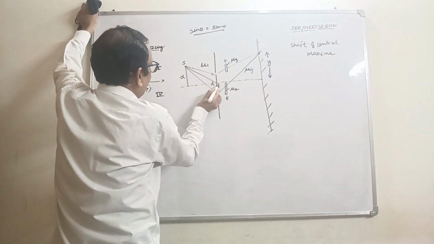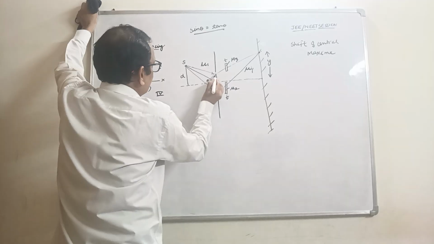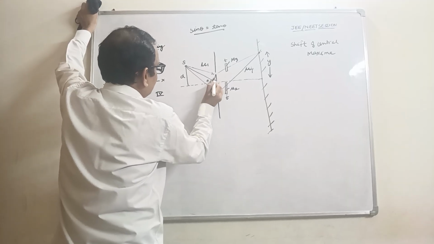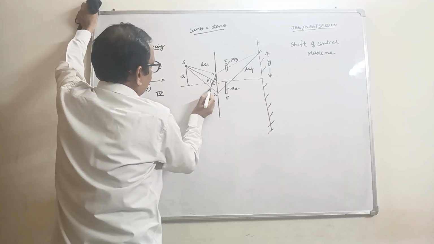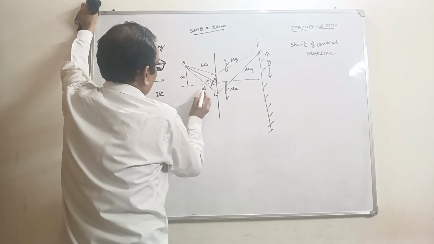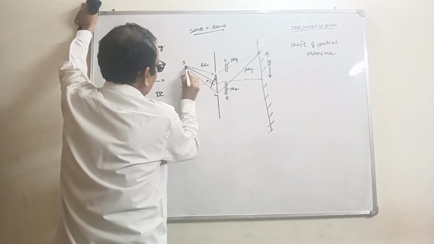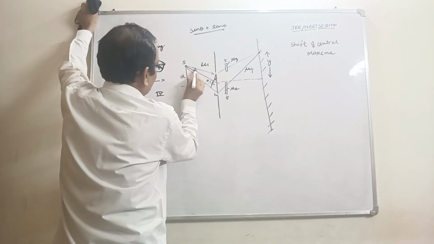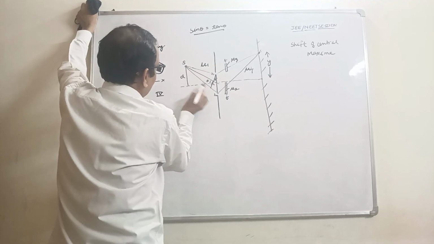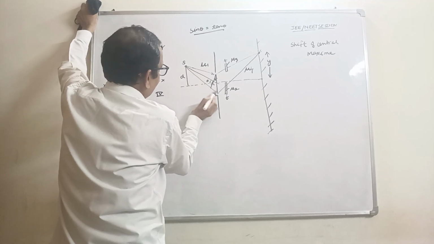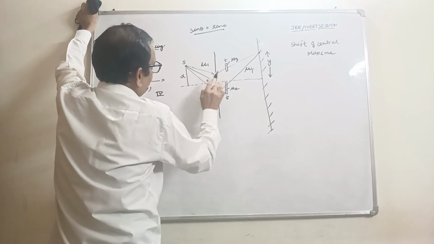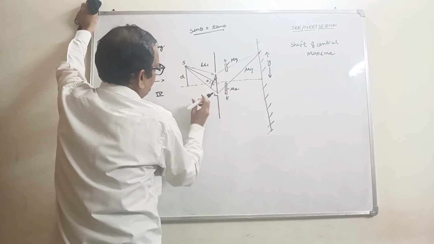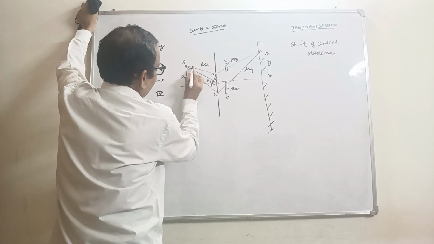So suppose this angle is theta, and this angle would also be theta. Monochromatic light travels here and here. This is the path difference between the two lights. We draw a perpendicular here. So this is the extra path.